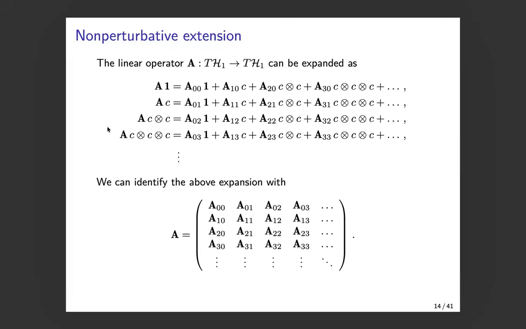And when we expand A of C tensor C by the basis vectors of TH1 and focus on the coefficient of C tensor C tensor C, this is C tensor 3, so we write column index 3. This is how to read the matrix element from the expansion of the operation on an element of TH1.